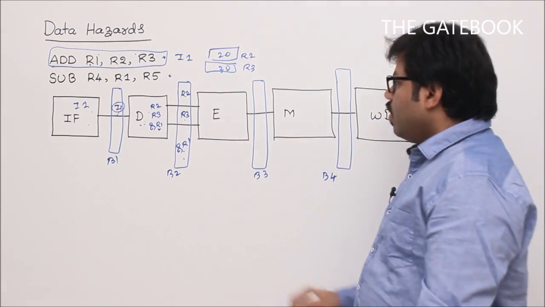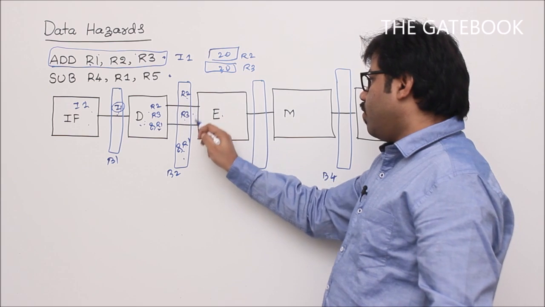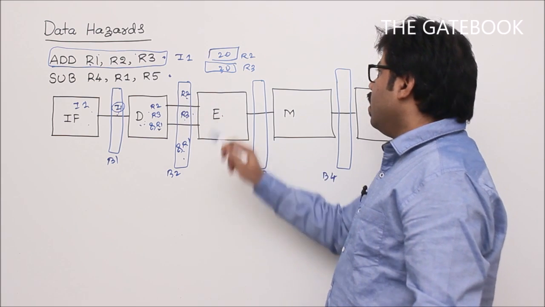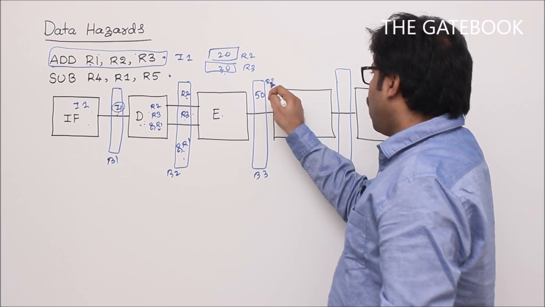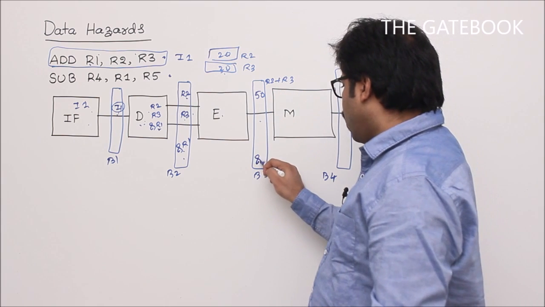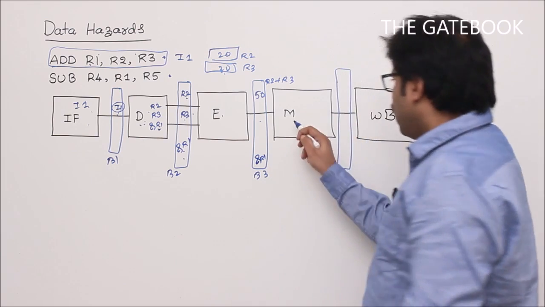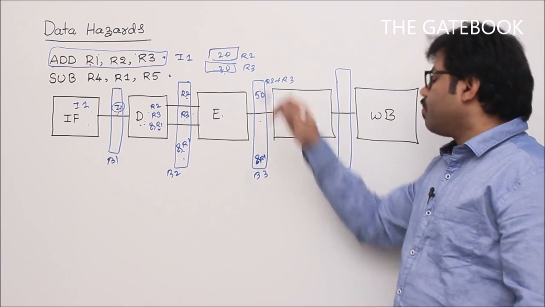Now in the execution stage, since it is connected to this buffer, R2 and R3, 20 and 30, will be added. That result, 50, which is R2 plus R3, will be forwarded to this buffer, and the address of R1 also will be forwarded, so that the memory stage can make use of these things.